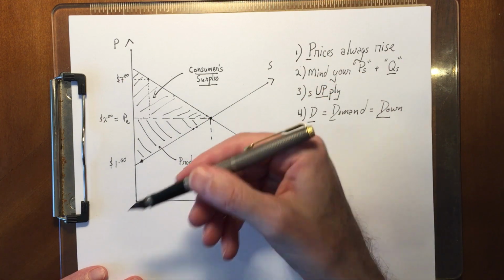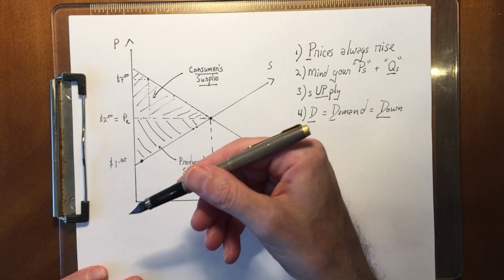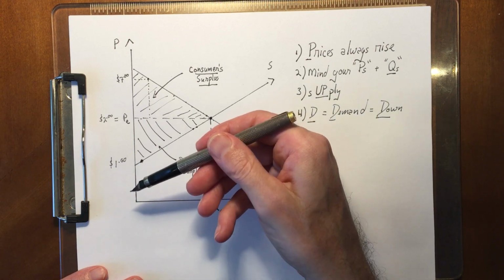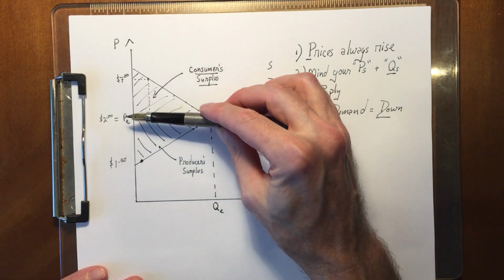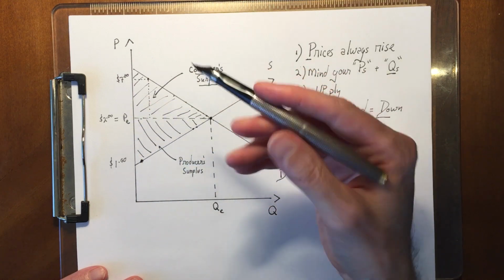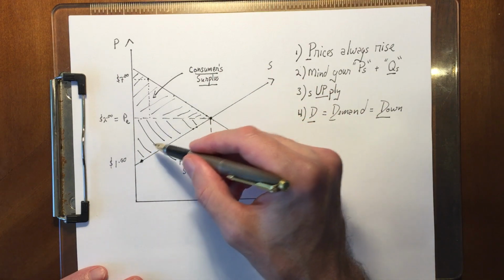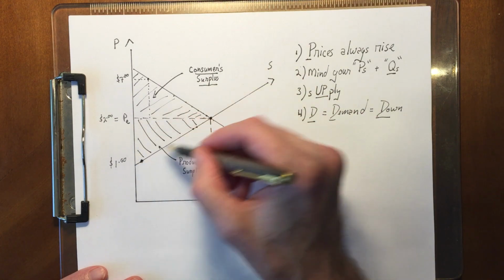So the difference between what the producer would be willing to receive as a price and the price actually received in an equilibrium market is the producer's surplus. And so this is also added up. It's this triangle here.